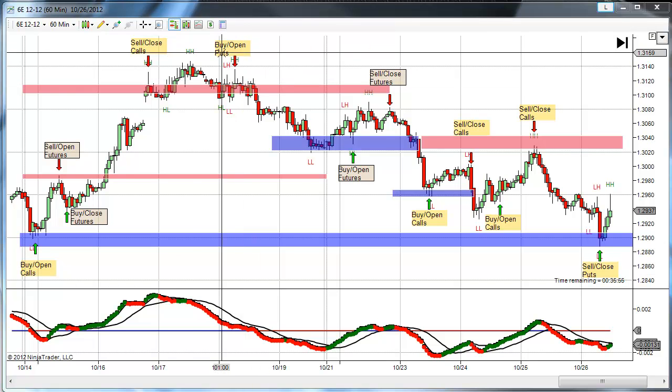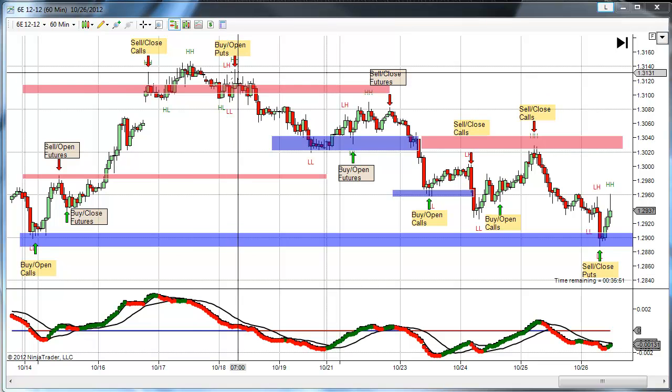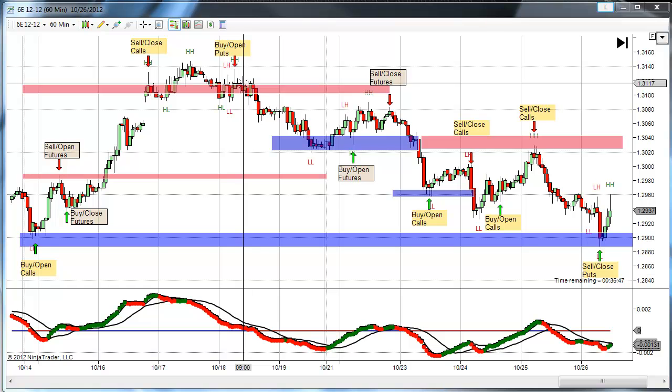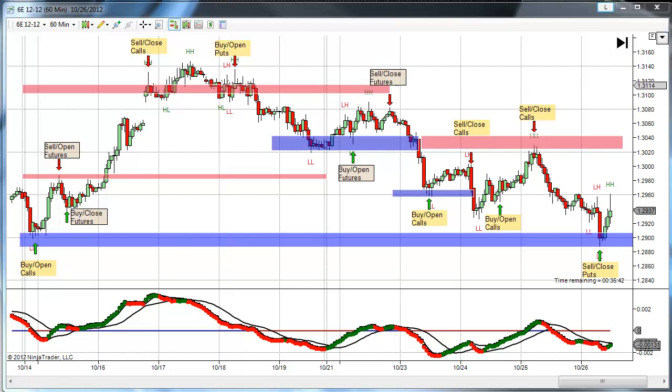While you never know with an option position on, the tick by tick consequences are far less with the options than they are with the futures. And so it really enables me to participate and work through these type of things.